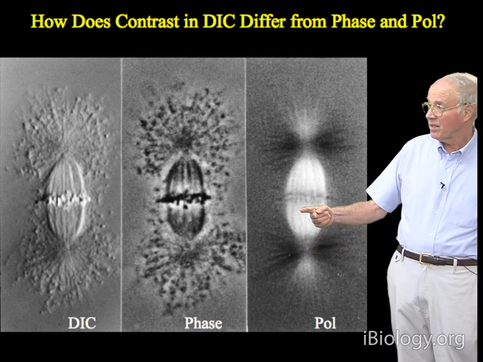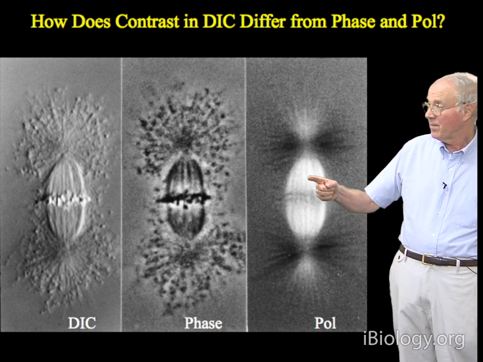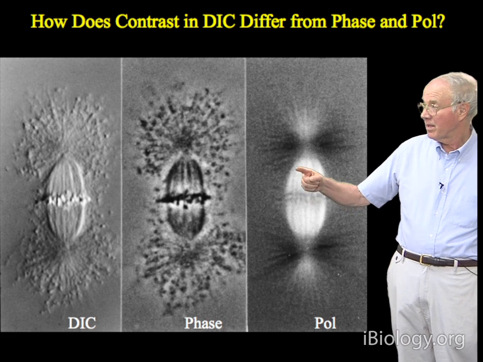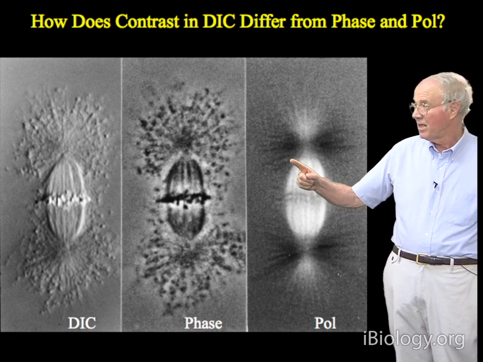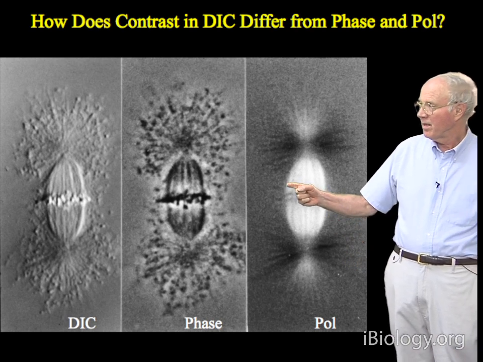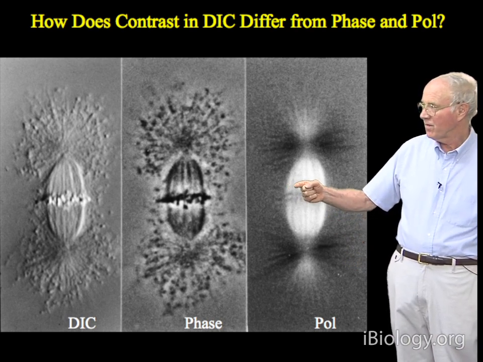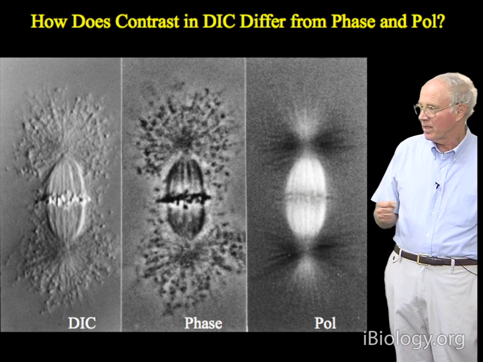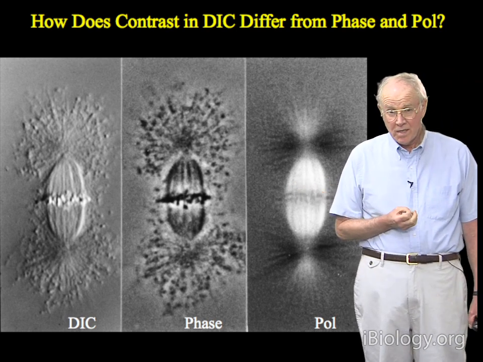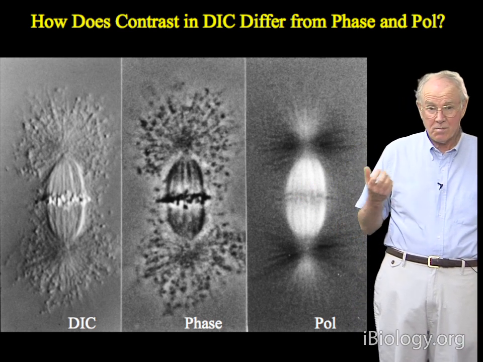Because they're optically anisotropic, the refractive index for the electric field vibration along the axis of the spindle is greater than the refractive index for vibration in a normal direction. And this generates birefringence, which is turned into contrast in a polarizing microscope.